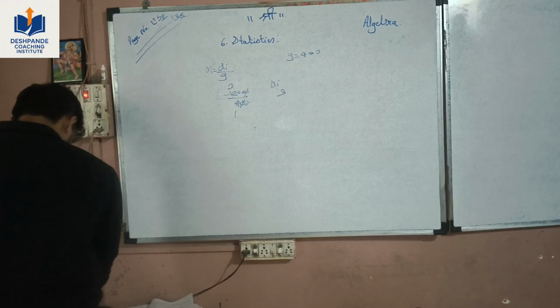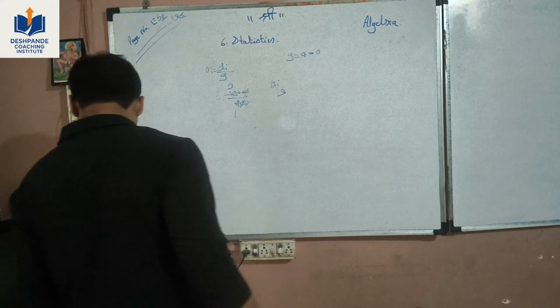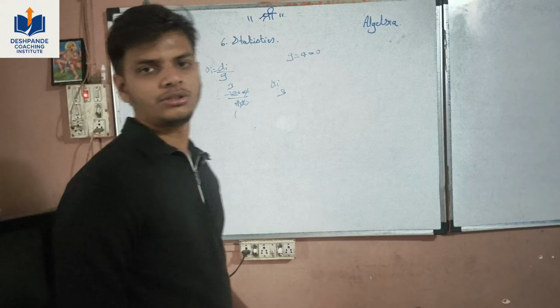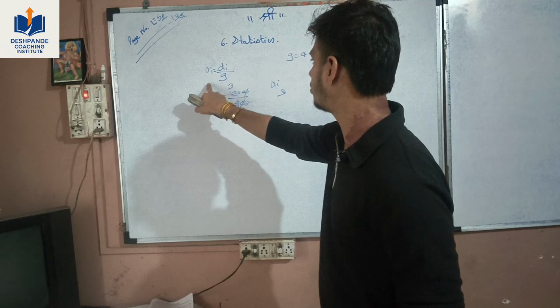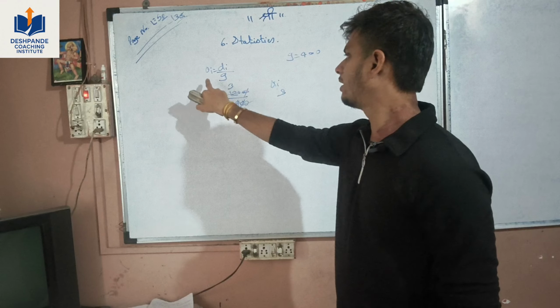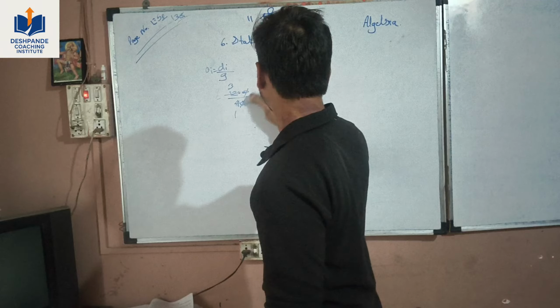So you have to extend the table after you have written the deviations. You have to write ui is equal to di upon g. Ui, I mean mu, is denoted by ui.